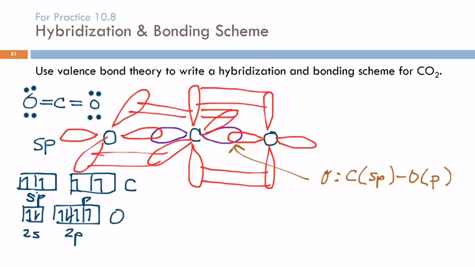P. Okay, that is the same as that one, right? Those are the same. How about this one? That's a pi bond. Whoops, got ahead of myself. Between carbon and oxygen. And what are the types of orbitals that are overlapping? Just p and p.